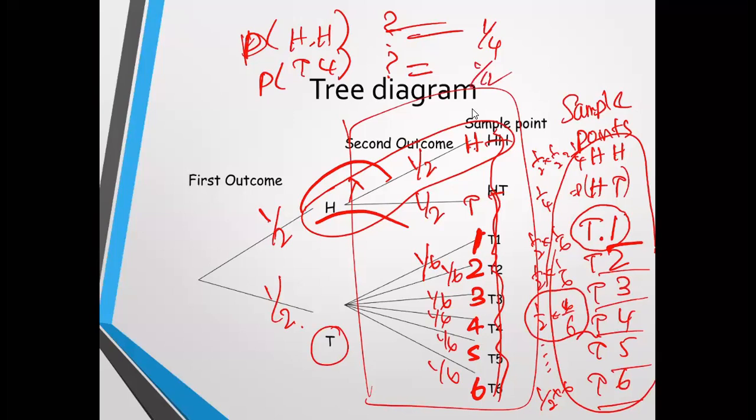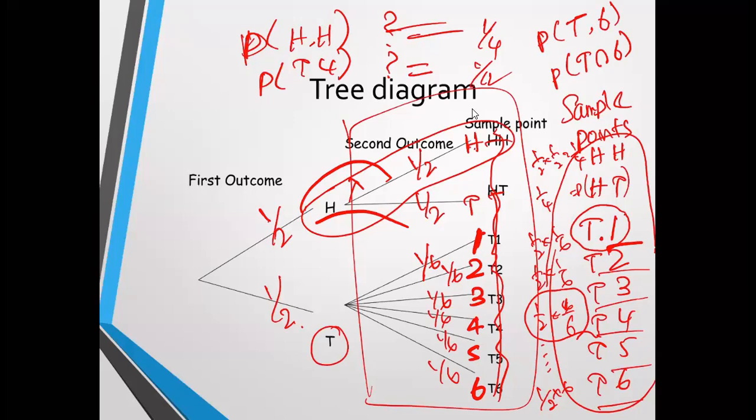Is that clear? So if you want to find the probability of getting T comma 6. T comma 6 means what? Probability of getting T and 6. Both must occur, right?